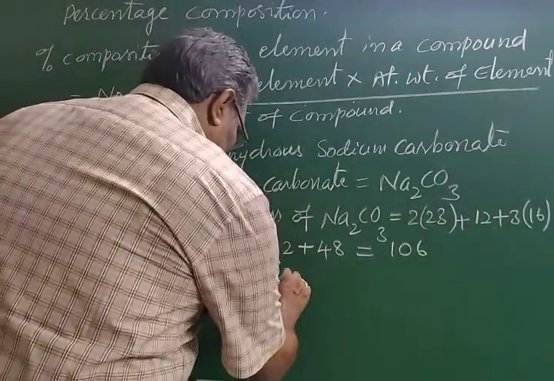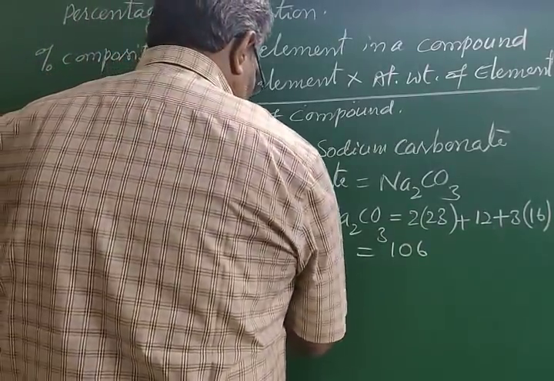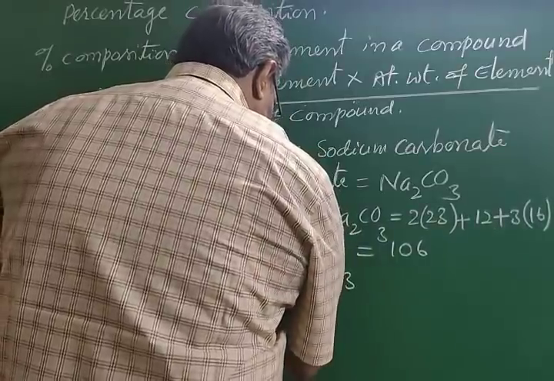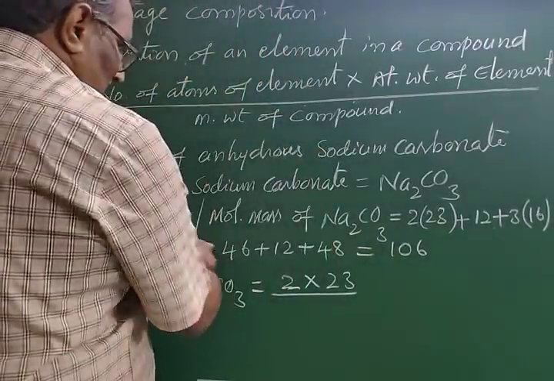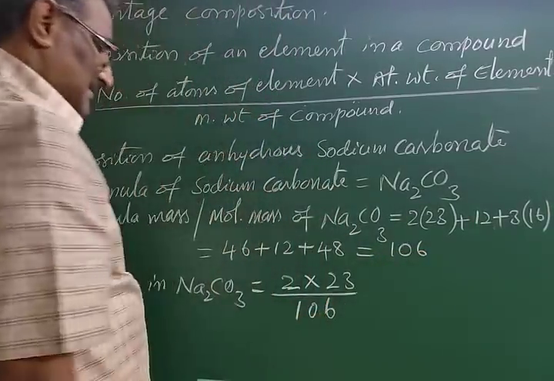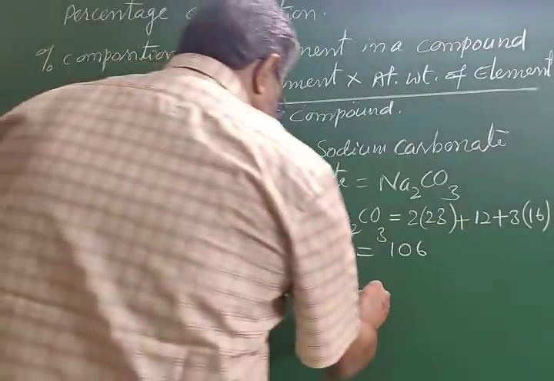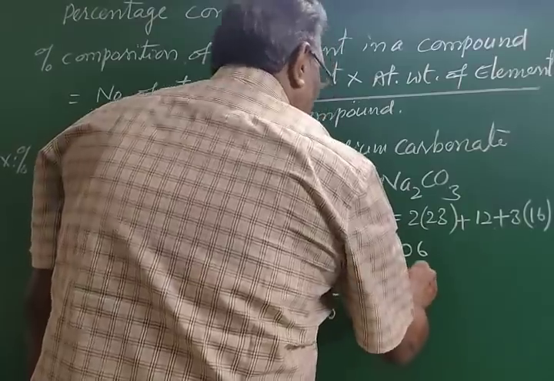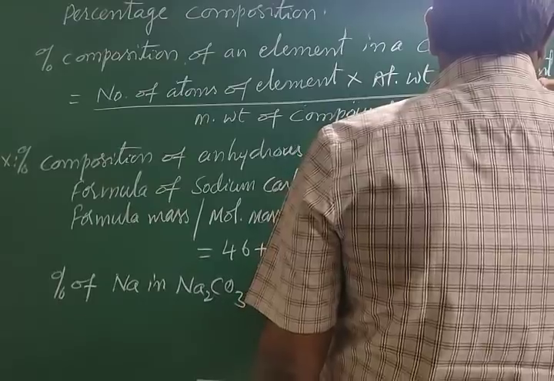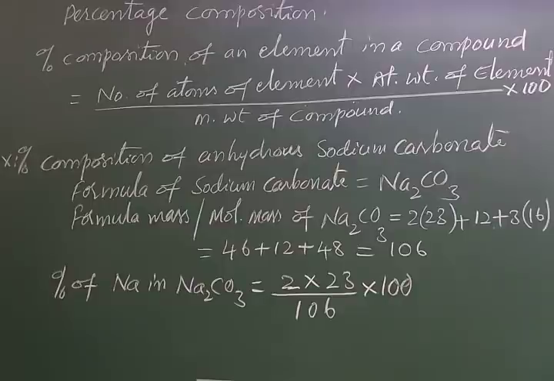How many atoms are there? 2 atoms of sodium are there, into the atomic weight of sodium, 23, by the molecular weight of the compound, 106, into 100. We need to write into 100, per 100.